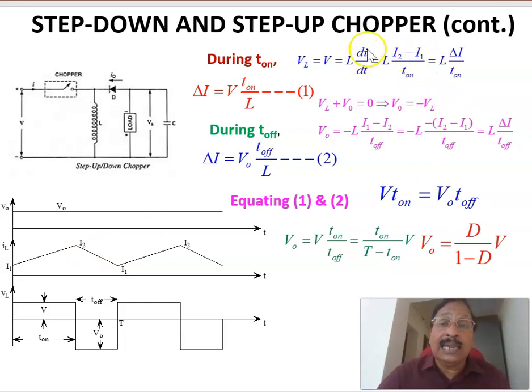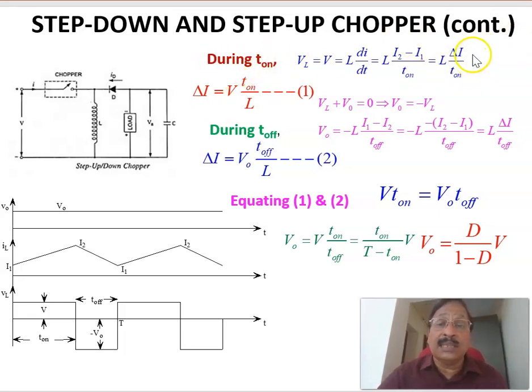The change in current is I2 minus I1 divided by the duration, which is the on period T-on. So it is equal to L times the change in current, delta I, divided by T-on. This is VL equal to L di by dt during the on period.